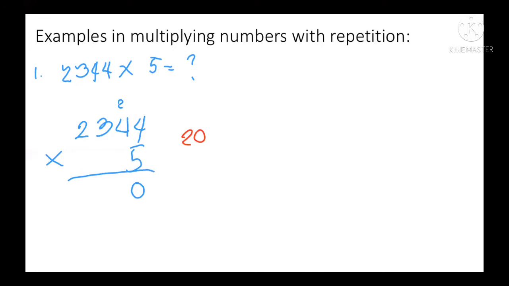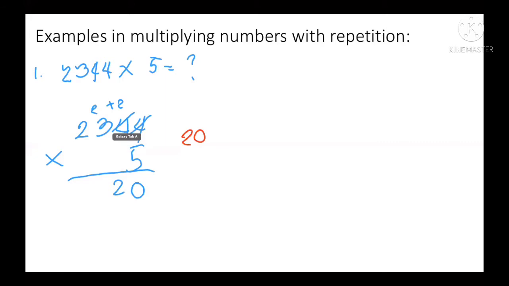What is 5 times 4? That's 20, yes. And then what will we do on the top of 4? The 2. We will add, correct? So we have 20 plus 2 is 22. So I will put 2 here and another 2 on the top of 3. Right? So we are done with ones in the tens.